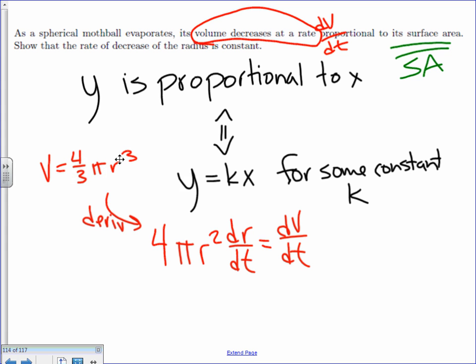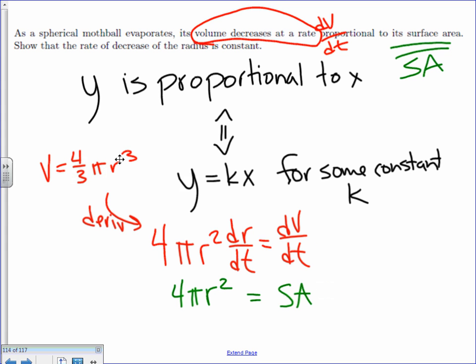Now, surface area. What does this equal? The surface area equation is 4 pi r squared. So let's look at our problem. It says we're given that these two things, dV/dt right here and surface area, are proportional.